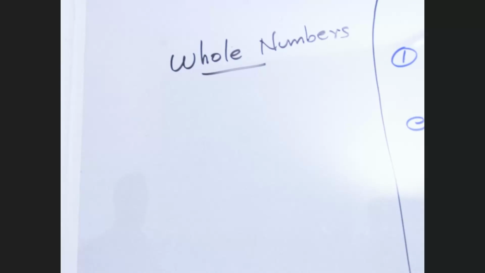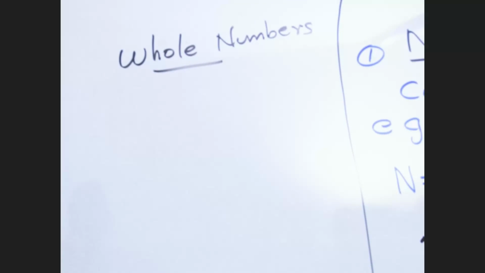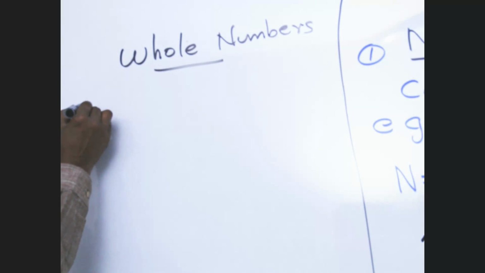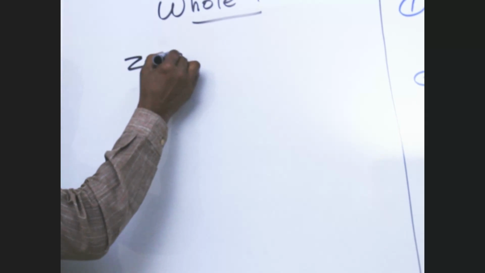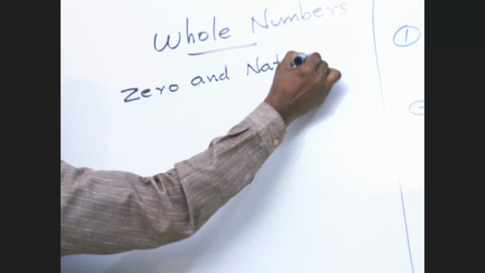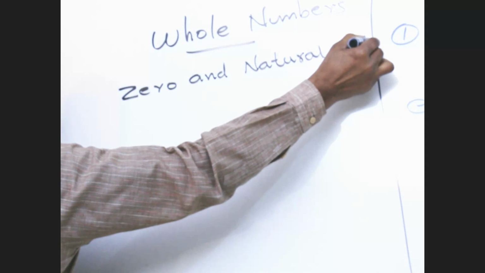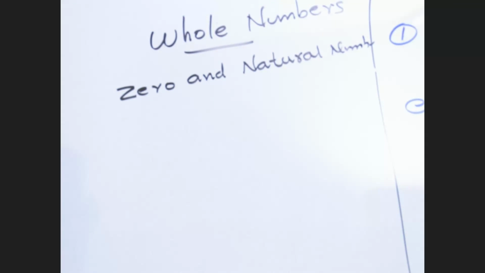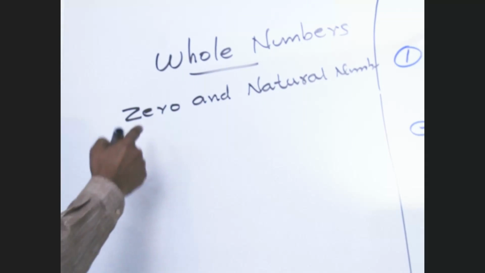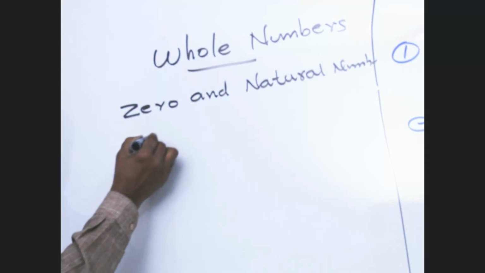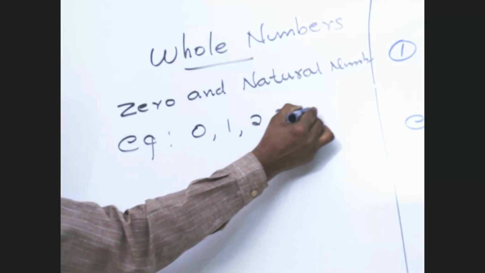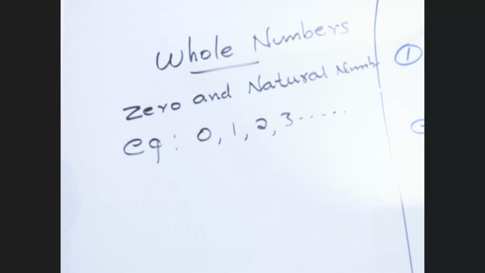Whole numbers means the natural numbers plus 0, which means here we can write 0 and natural numbers. The full set of natural numbers will be there, and in addition 0 also will be there. Examples will be 0, 1, 2, 3, etc. So these are whole numbers.